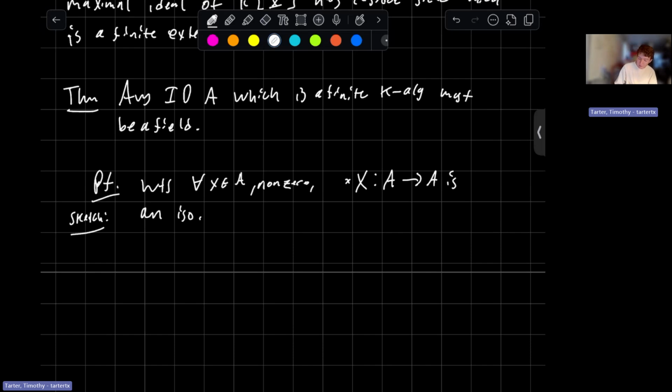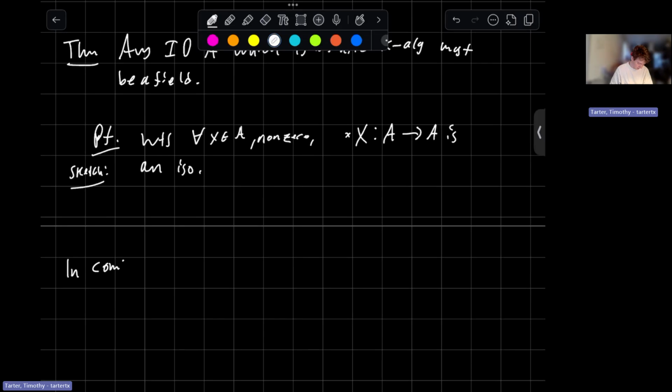So, in combination with the Nullstellensatz, this theorem gives that prime ideals of K[x1 through xn] with finite dimensional residue ring are the same as maximal ideals of K[x1 through xn].